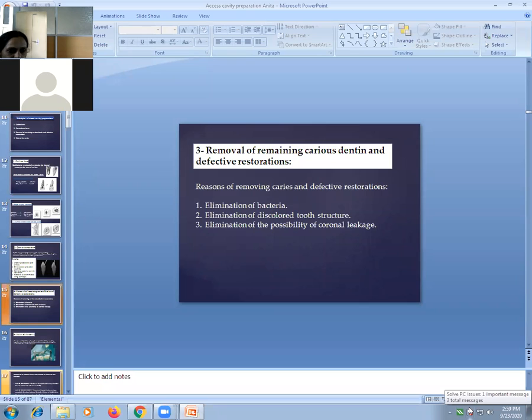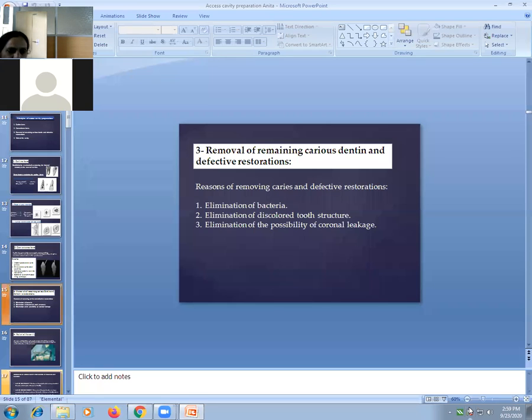Last time we started with the access cavity preparation. For this type of cavity preparation, we have to follow certain principles, out of which the first principle is outline form. Last time we have seen that outline form is the form which is similar to the shape of the external surface of the tooth.